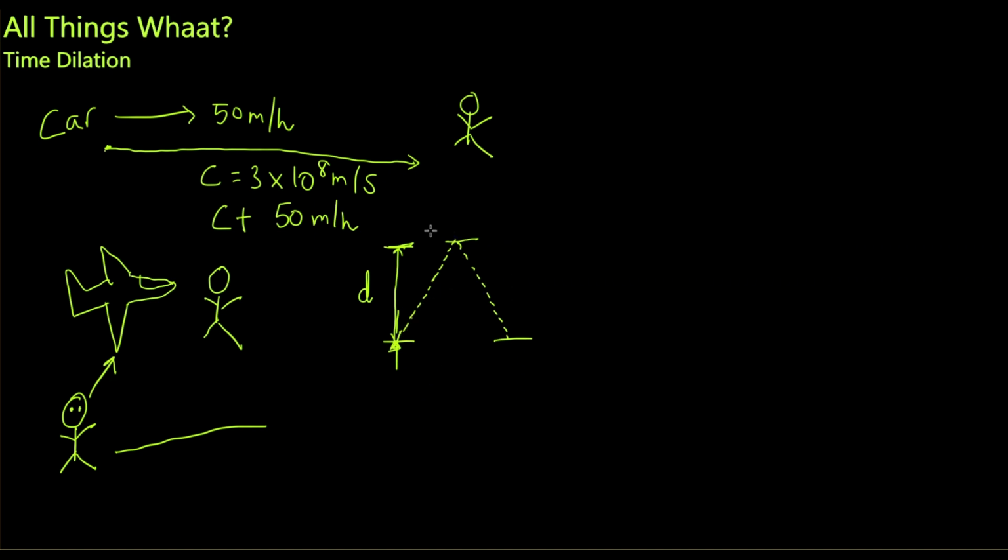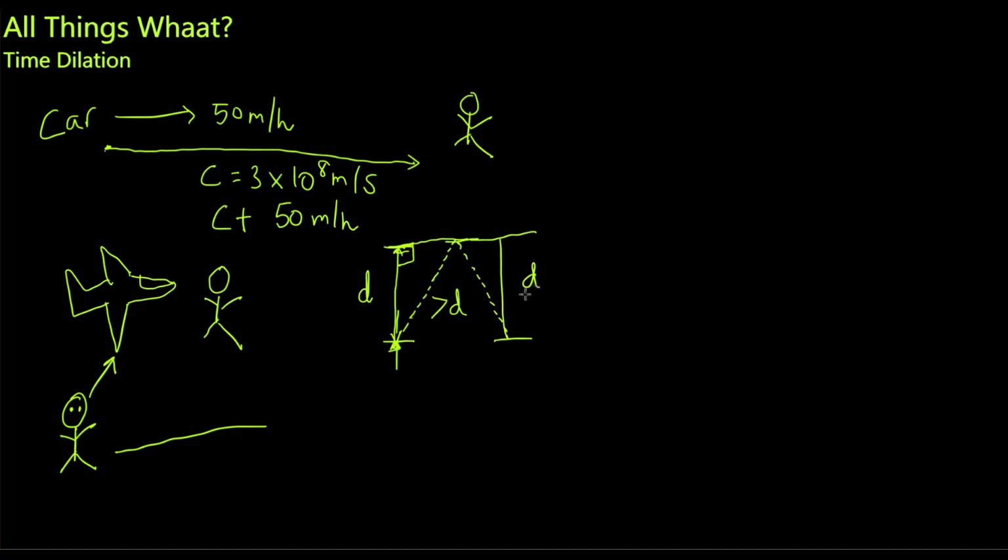Now, we know from basic trigonometry that in a right angle triangle, the hypotenuse is the longer side. So if this is d, this has to be something that's greater than d, right? And the same thing applies here.